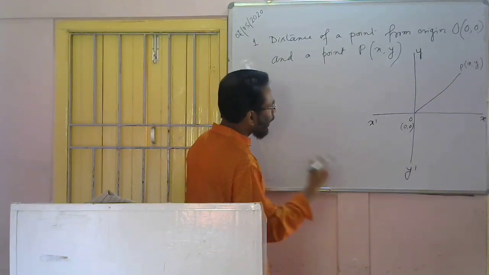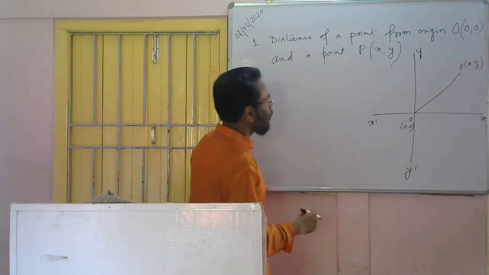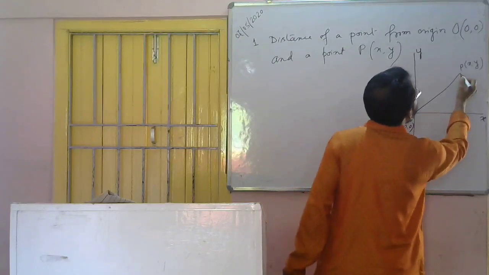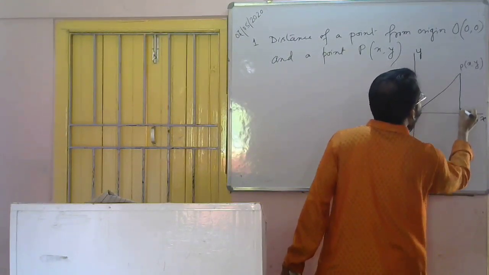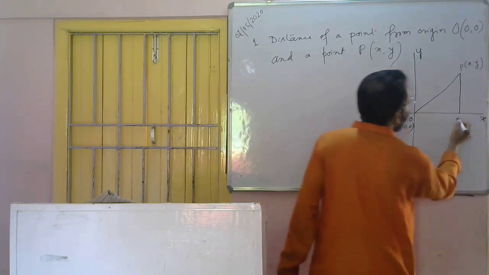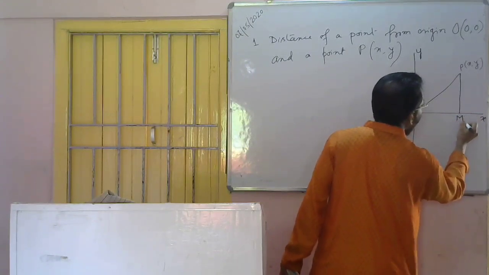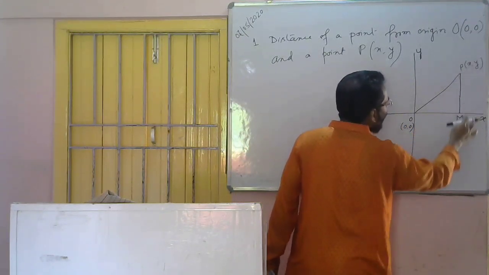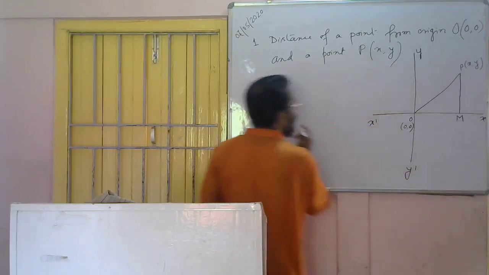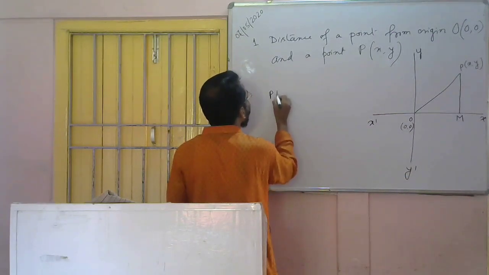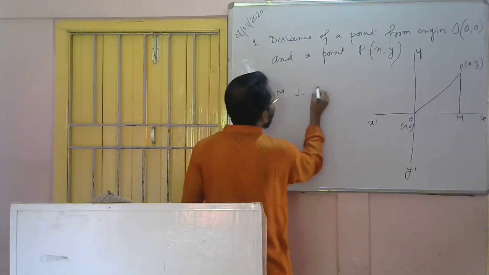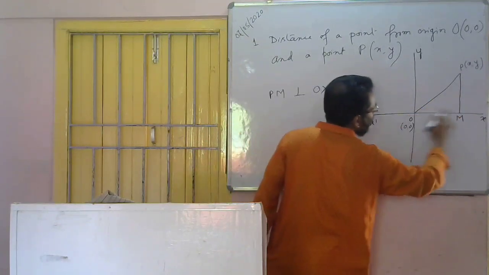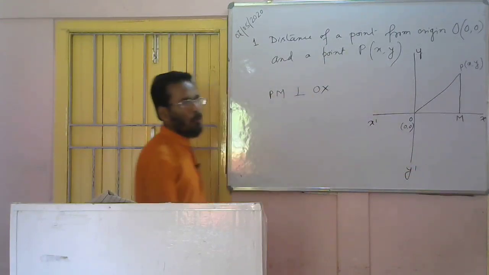To calculate the distance OP, we draw a perpendicular and denote its foot by M. This PM is perpendicular to the line OX.